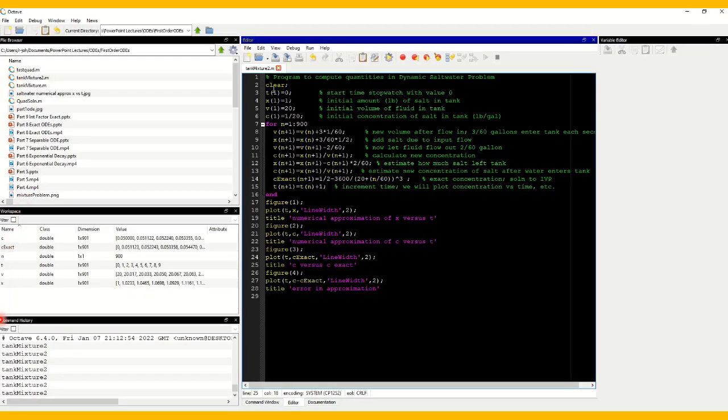Here is our MATLAB program. It should run exactly as shown in MATLAB or in Octave, the open source program. It plots the numerical approximation of the saltwater concentration, and then T versus the exact value of C given by the solution to our differential equation.